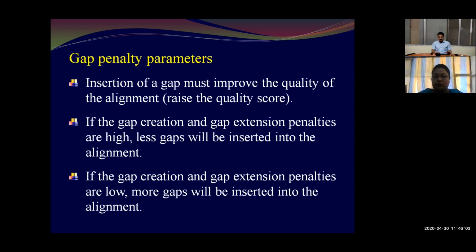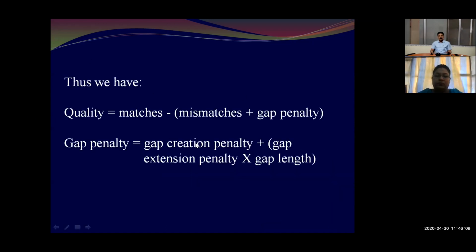Go back to the equation, it is a mathematical thing. If we increase the gap penalty, then this negative value will be larger. Suppose here this is 5, and this is 1, and this is 1. So the total score will be 5 minus 2 is equal to 3. But if we increase the gap penalty, which earlier we took as 1, and we take it as 3 now, suppose we suddenly increase the scoring matrix.